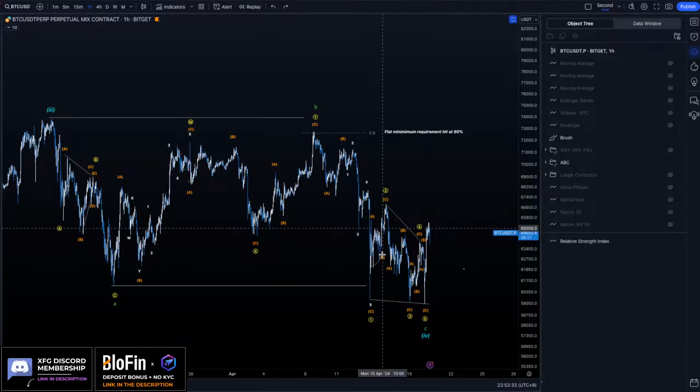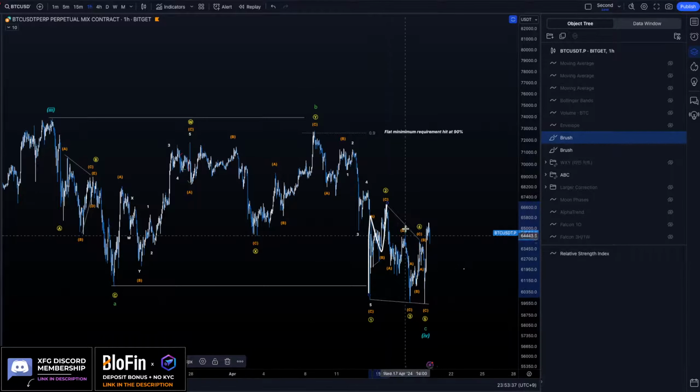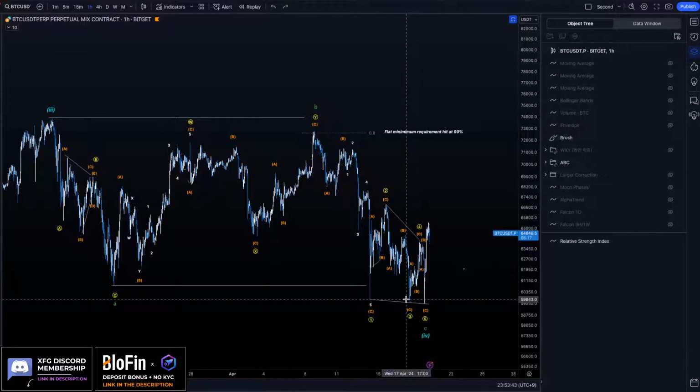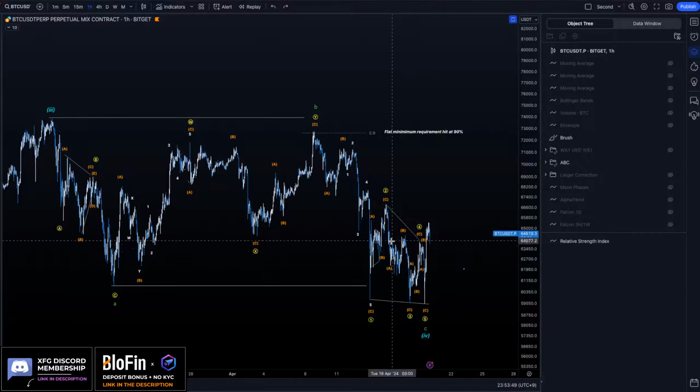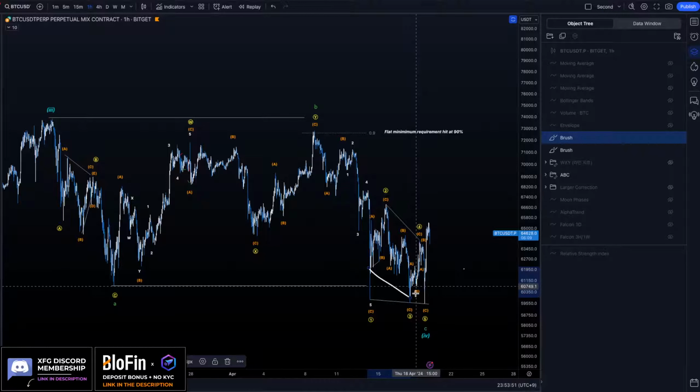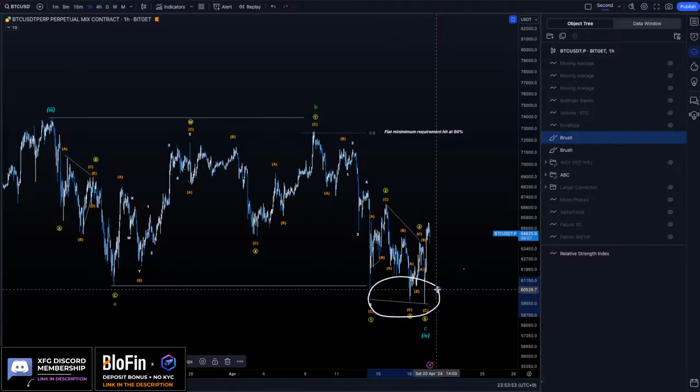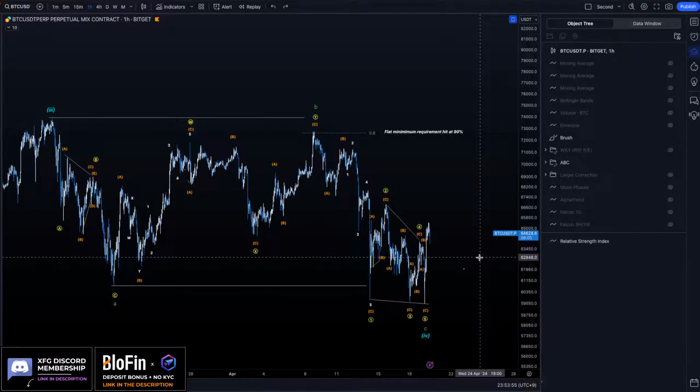So that was definitely a giveaway that this was still a three-wave, and that is why we came up with that conclusion that this was going to be a diagonal variation of some sort. But we also had the idea that it can possibly go further down, but due to that reasoning of the 4-hour bullish divergence, there was still quite a bit of demand within these regions here. So that is something to keep in mind.